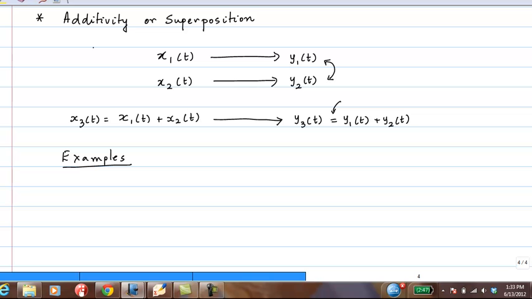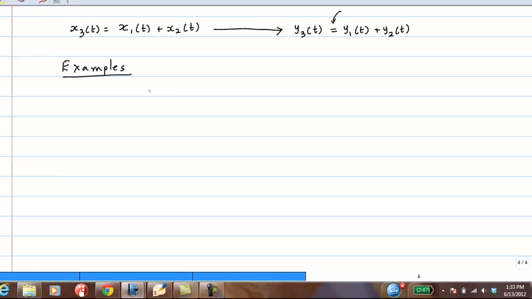Suppose I have a system, let us say y of t is t times x of t. And like I said in class, or perhaps in one of my earlier lectures, I think it's always better to think of a system in terms of something like this: output of t is t times input of t.